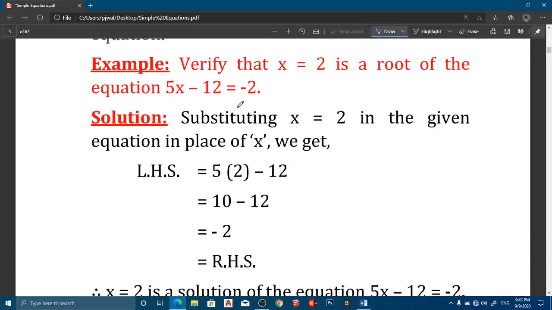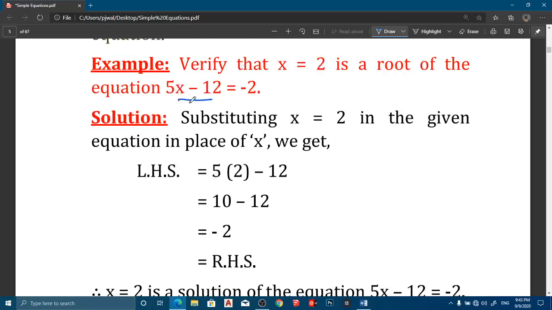Okay. You are not going to find the solution here, just verifying whether x is equal to 2 is the solution of this equation or not. If you observe this example, verify that x is equal to 2 is a root of the equation or not. To verify that, in place of x, whatever the value is given in the problem, I am substituting here.